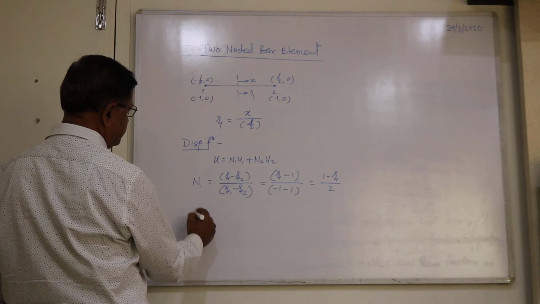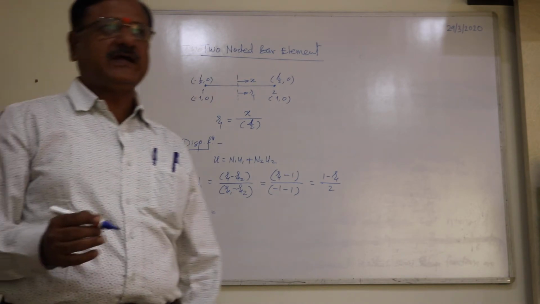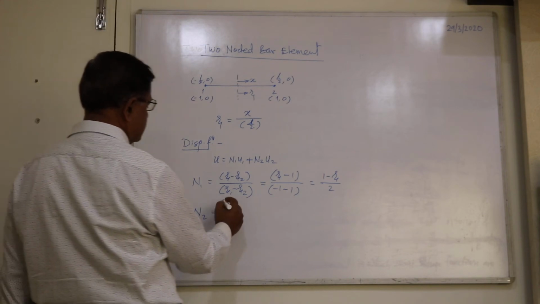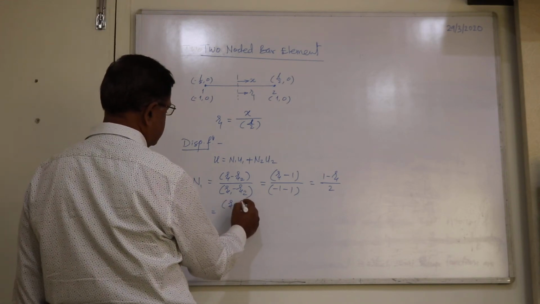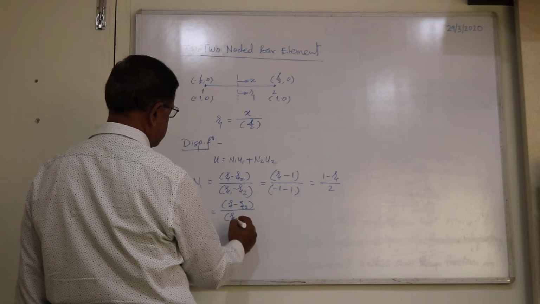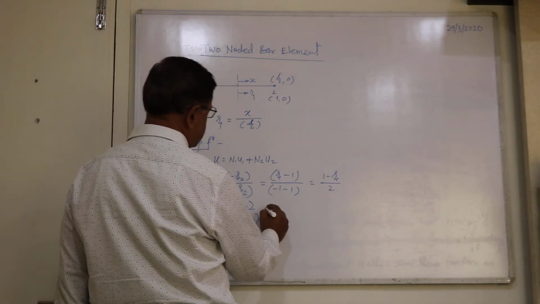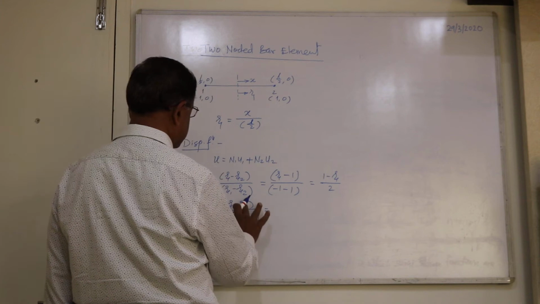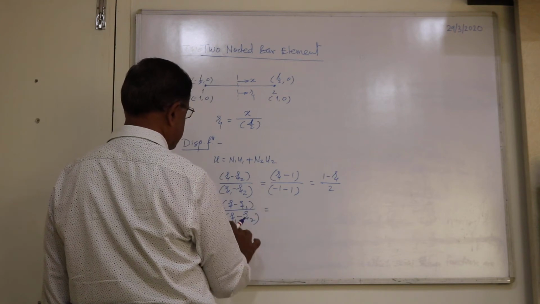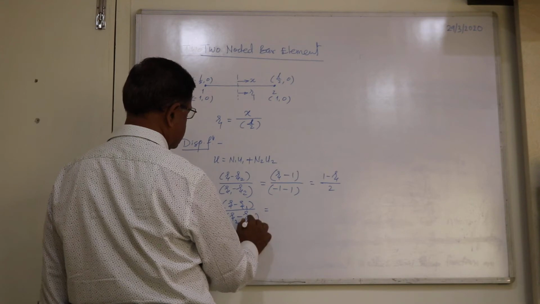Then the shape function at node 2, N2, is given by xi minus xi1 divided by xi2 minus xi1.